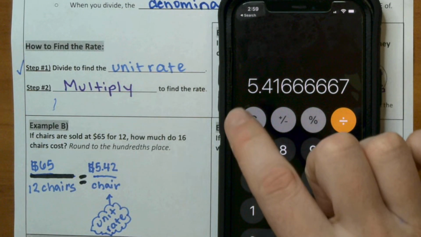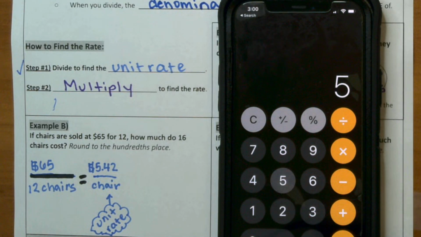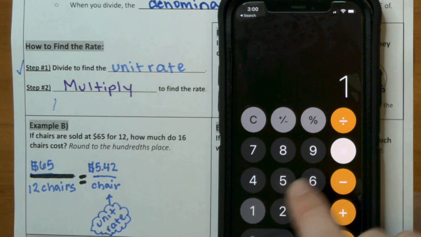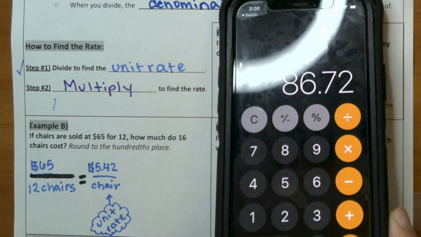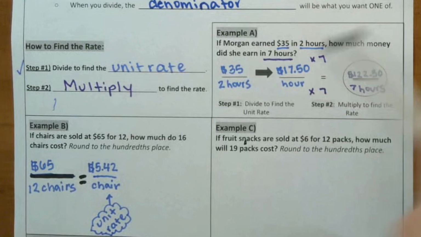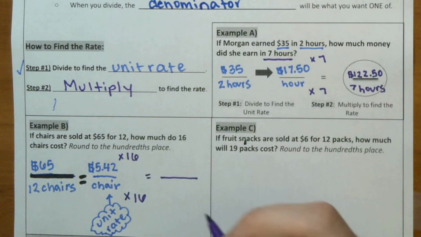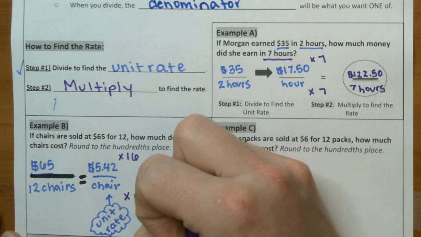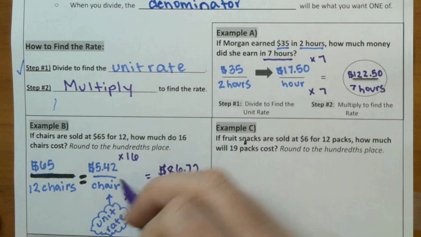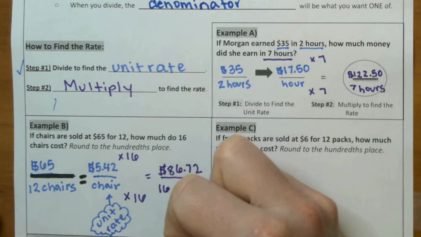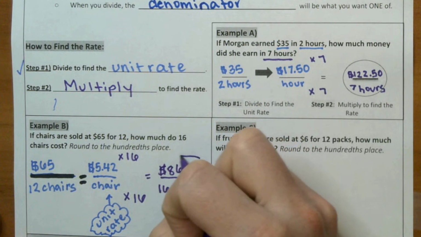Since we already rounded, let's go ahead and do 5 and 42 hundredths times 16. And we get $86.72 for 16 chairs. And then I'm just going to circle my answer.